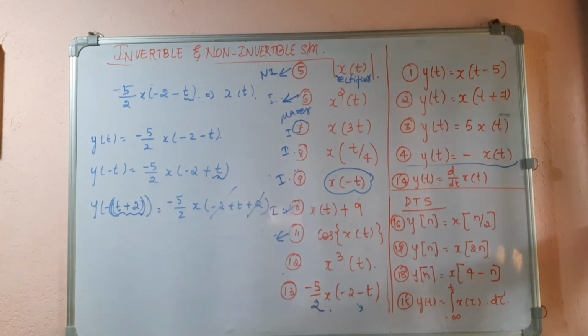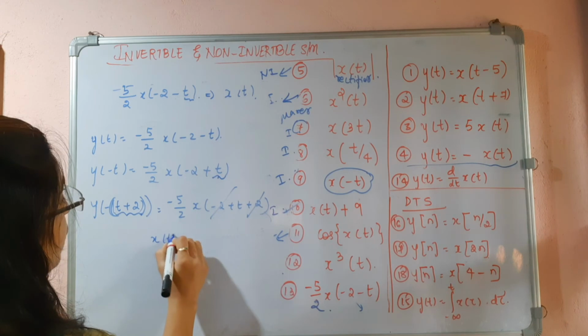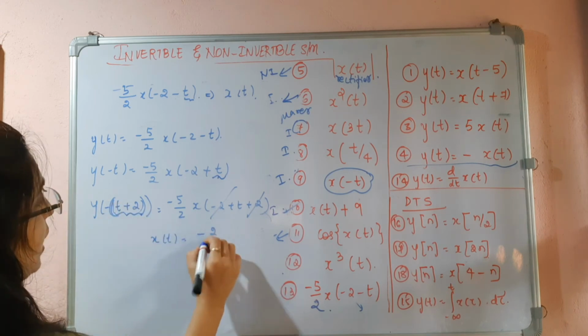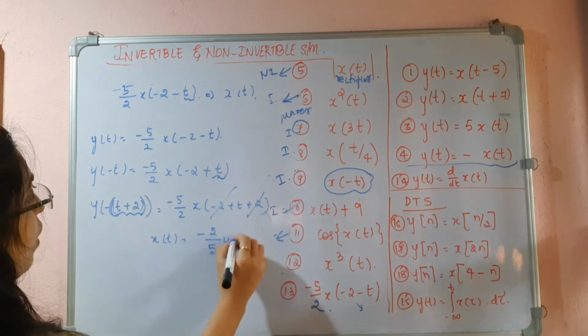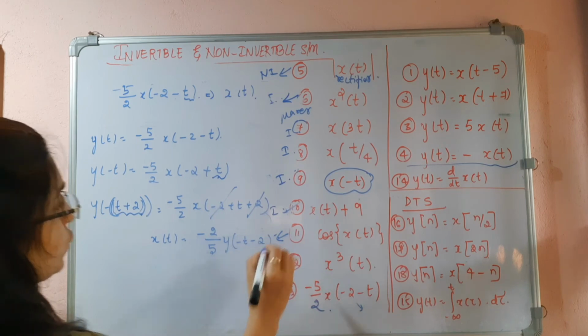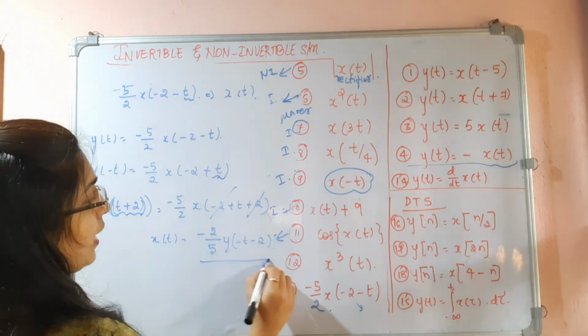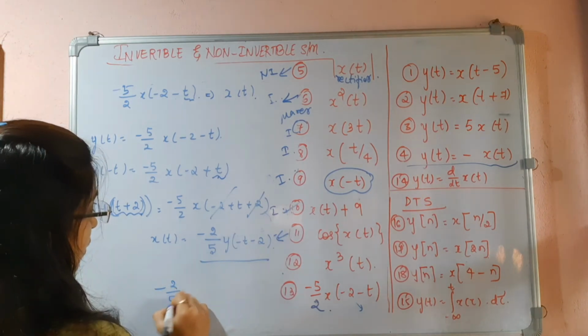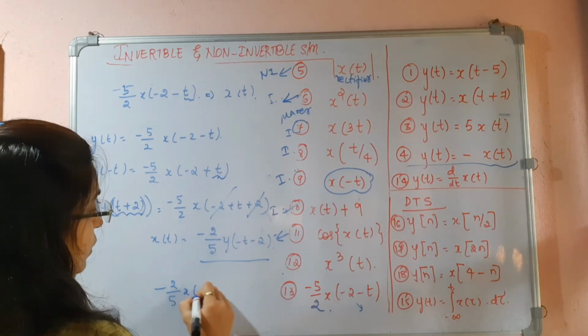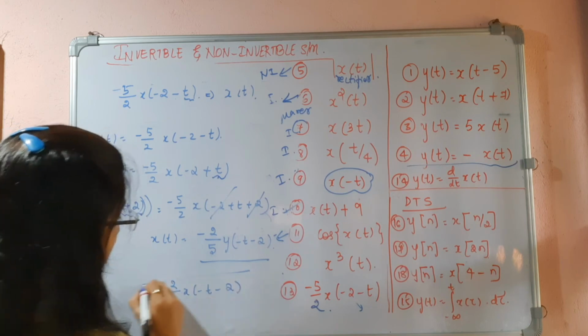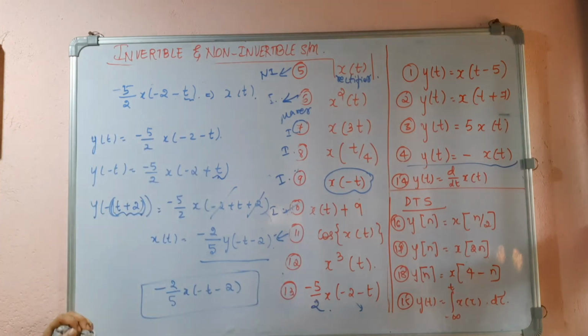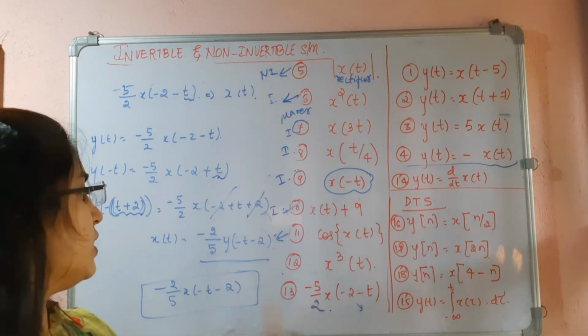So this cancels, and x of t is equal to minus 2 by 5 y of minus t minus 2. So the inverse system is minus 2 by 5 x of minus t minus 2. Okay, this is the inverse system of this.